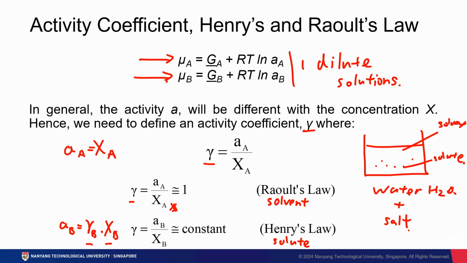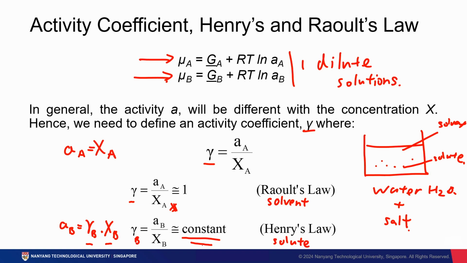However, what Henry did contend was that because there is such a small amount of salt, or such a small amount of solute within a dilute solution, we can imagine that the activity coefficient of B is essentially a constant.